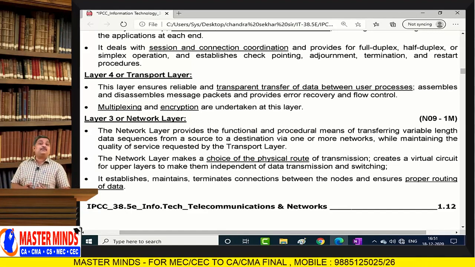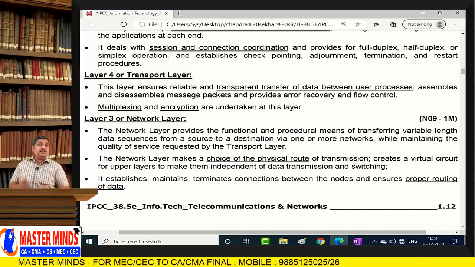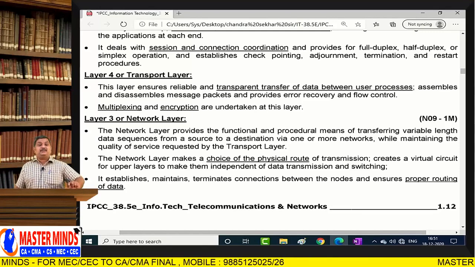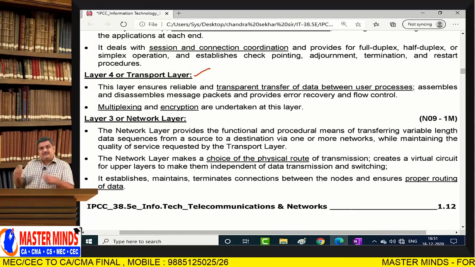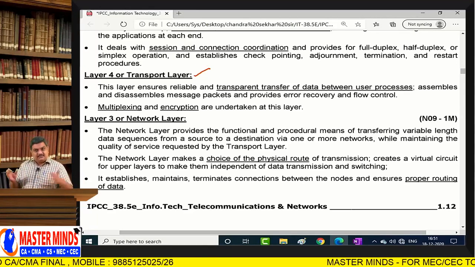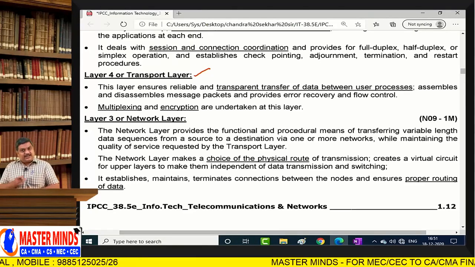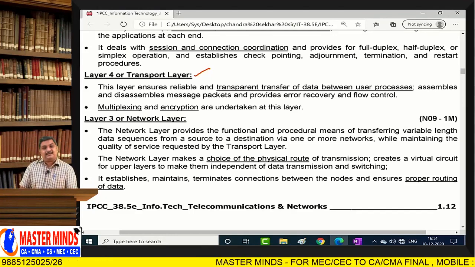So all these things have to be done, because I have to make my data secure so that people in the middle should not access my data. This will be done by the transport layer. Means all packaging for transportation, multiplexing work, compressing, mixing, encryption, security packaging, all this will be done by the transport layer.